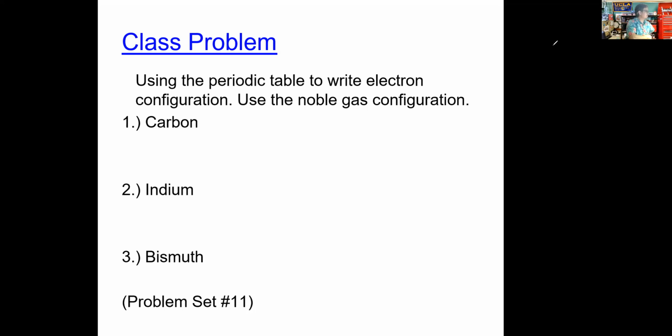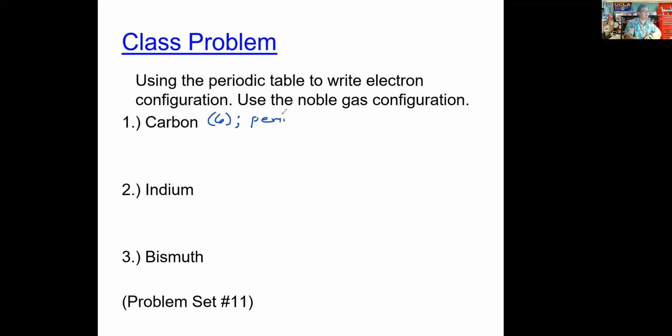Let's take a look at an example here. Let's do carbon. Carbon is element number 6, which means that it occupies the 6th square on the periodic table. I'm going to include a few other pieces of information here to help us out. So this is the 6th square, and carbon is in period 2.